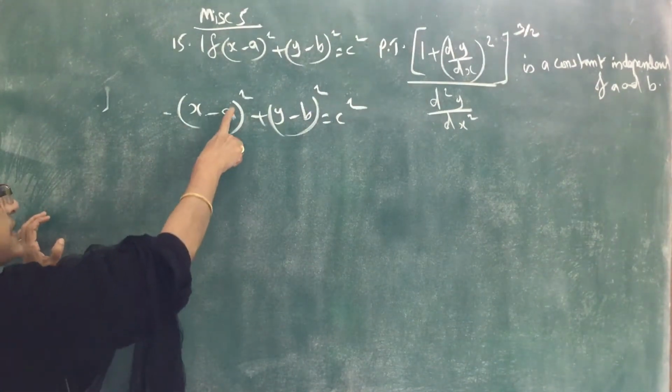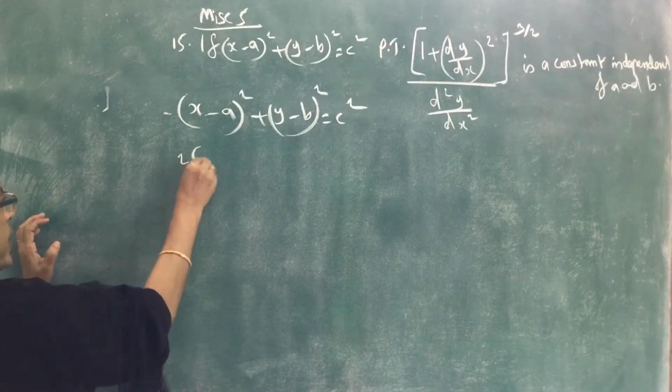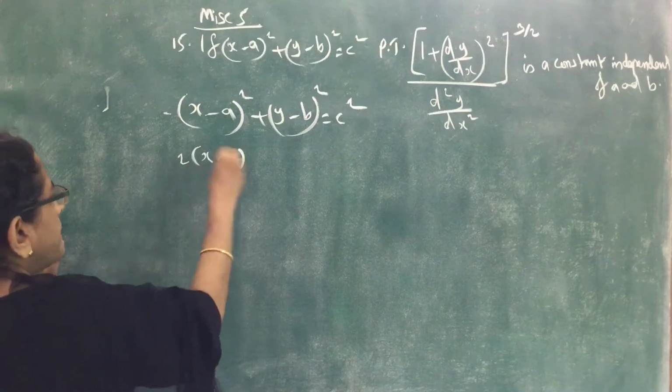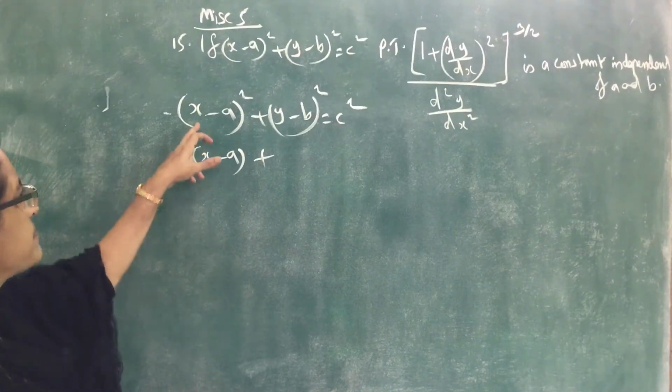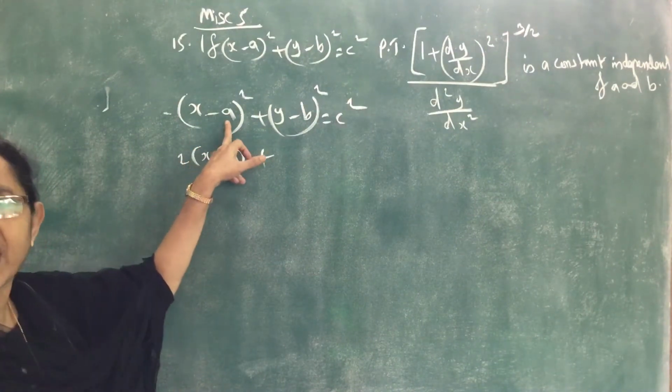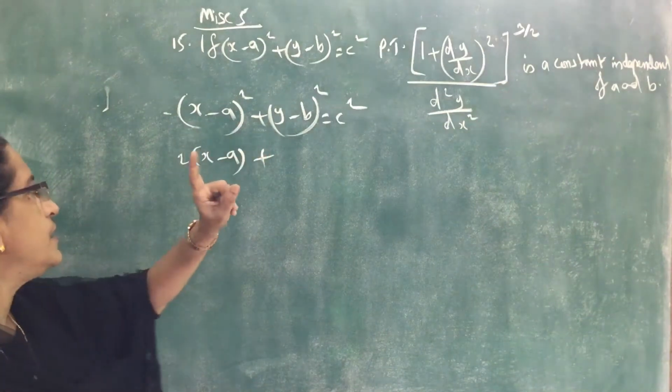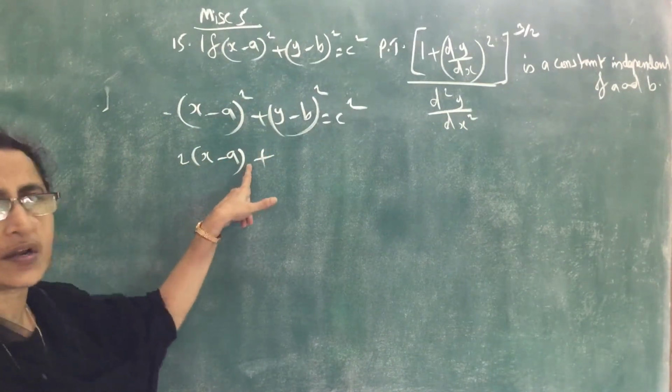Derivative of (x − a)², that is 2(x − a) times the derivative of x − a. Derivative of x − a is 1, derivative of a is 0, so only 1. So 2(x − a) · 1.